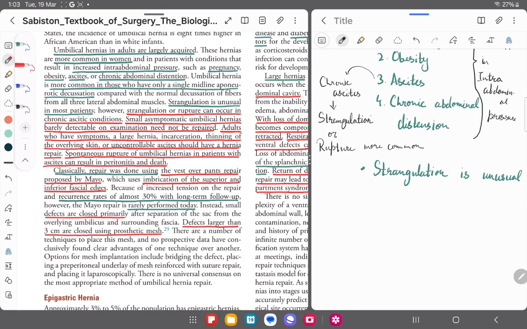If there is a spontaneous rupture of umbilical hernias in patients with ascites, it can result in peritonitis and death.